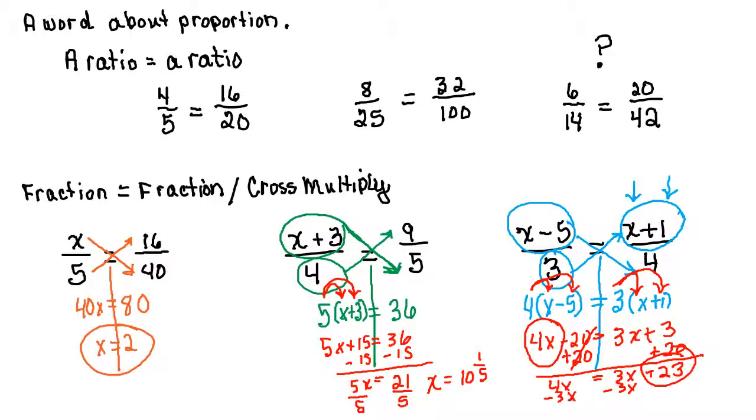I know this is a little bit fast. If it's ever fast, just stop, take a look at it, run it back, see what you get. And we have x here equals 23. And of course, we can always George Polya it, put it back in, see if it makes a true statement. If I put a 23 back inside here, 23 take away 5 equals 18.